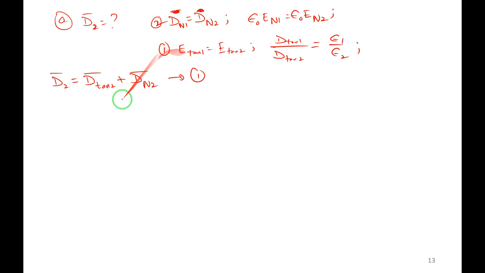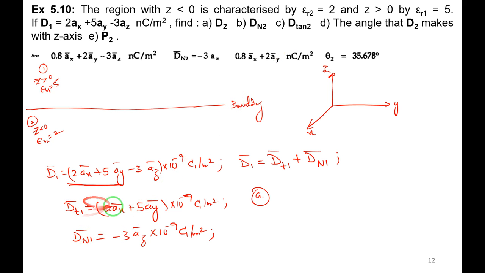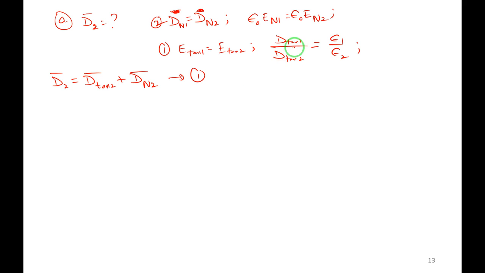I know D tan 1 is given. I want vectors, so D tan 2 is equal to epsilon 2 by epsilon 1 into D tan 1.